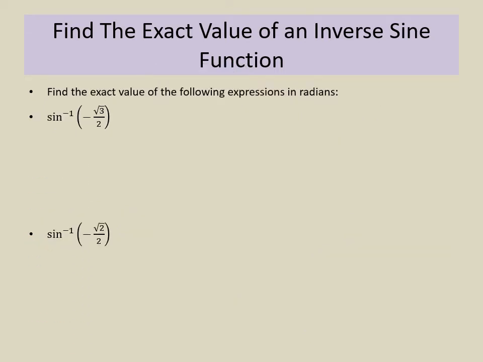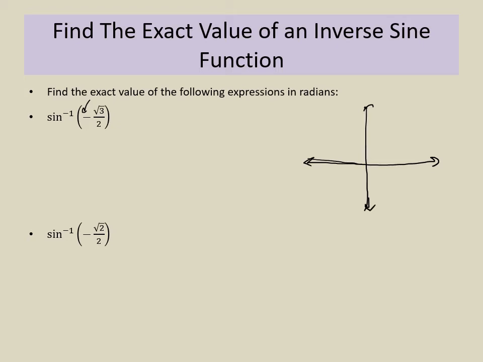Our next example asks, what is the inverse sine of negative square root 3 over 2? So now we have a negative quantity. Okay, so let's again draw our coordinate system.